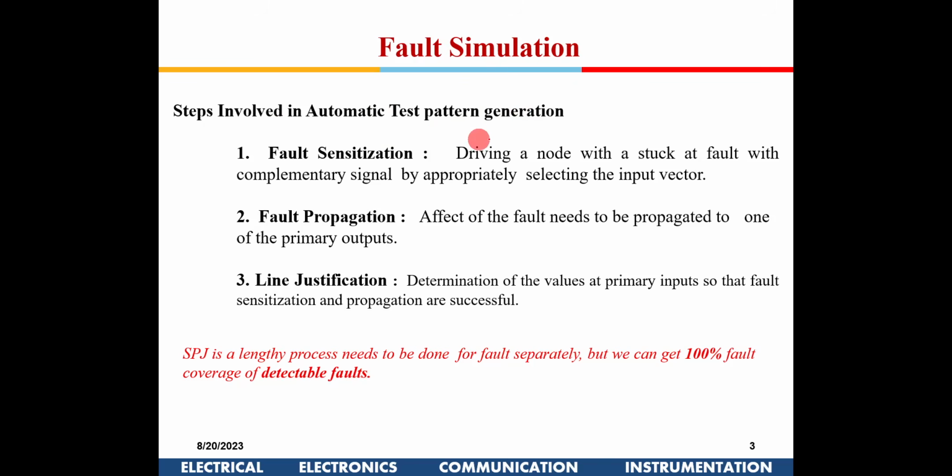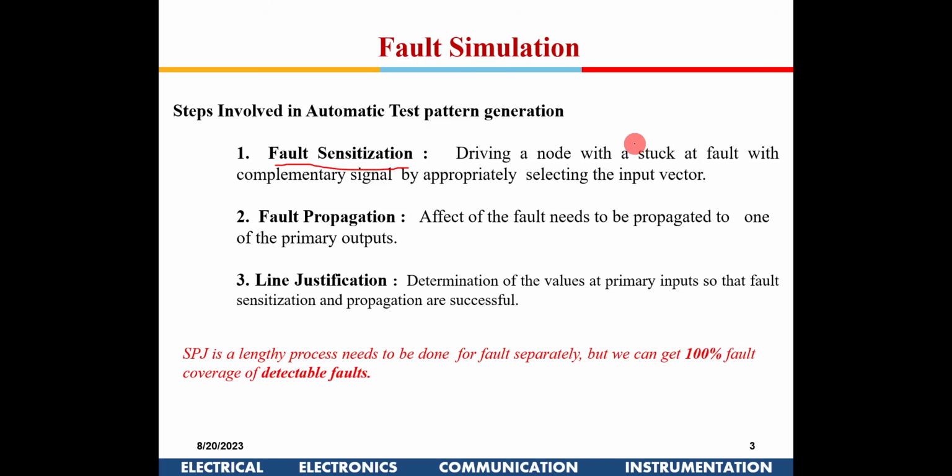This is a very basic approach, where you take one stuck-at fault at a time. This we learned in the last class also: we do fault sensitization. How is the fault sensitization done? If a node is stuck at 0, you somehow give the input so that it would be 1.